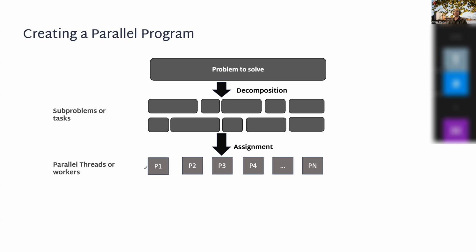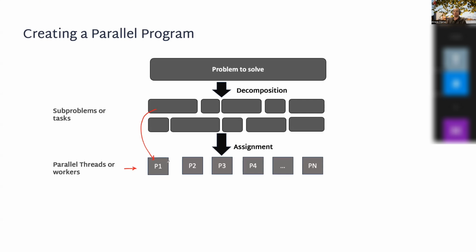If it is a SIMD machine, you have to assign it differently compared to a MIMD machine, right? So now you have a pool of threads, probably you created, or OpenMP has created for you. And then you need to assign each task to be solved by each thread or each process.